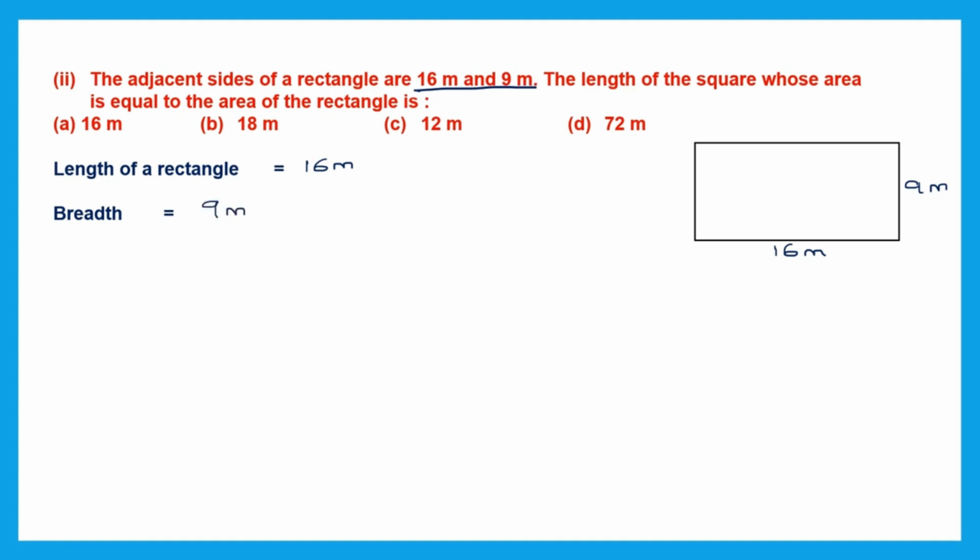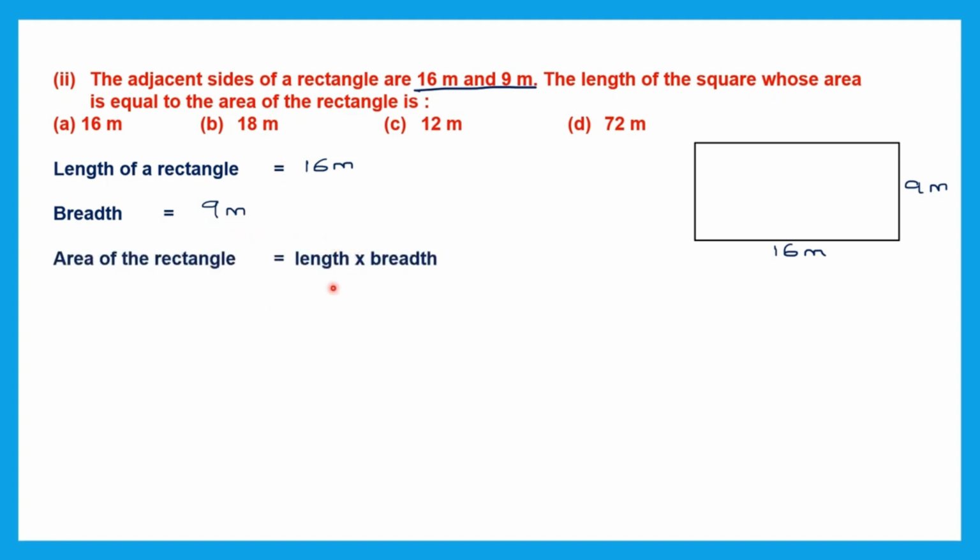So now we have to find the area of the rectangle. Though we are not asked to find the area of the rectangle, why are we finding it? Because here we are asked to find the length of a square, and we don't have a square, but we are told that the area of the square is equal to the area of the rectangle. So that is why we are finding the area of the rectangle.